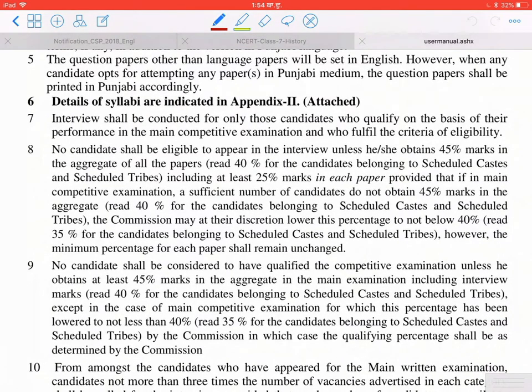No candidate shall be eligible to appear in the interview unless he or she obtains 45% marks in the aggregate of all the papers, including at least 25 marks in each paper.